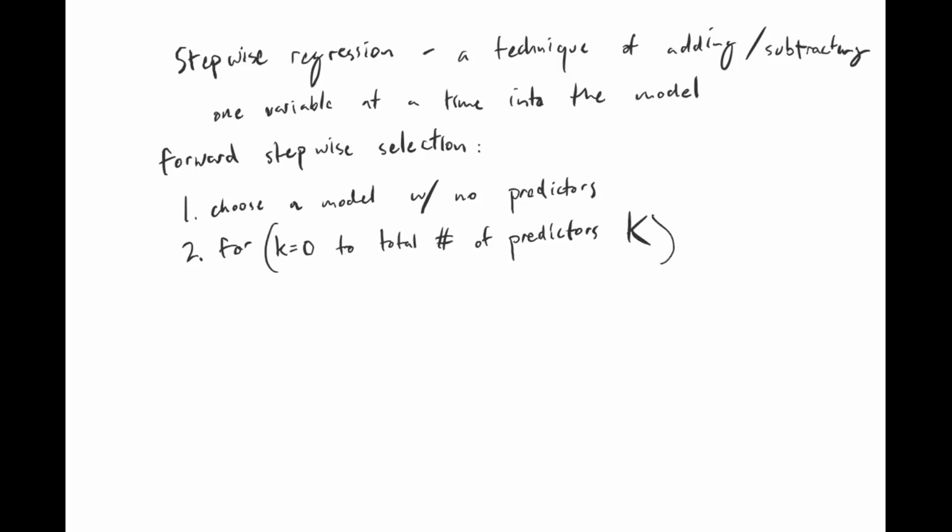In R, which is essentially what it is. So we're going to add one additional predictor, test all different remaining predictors.